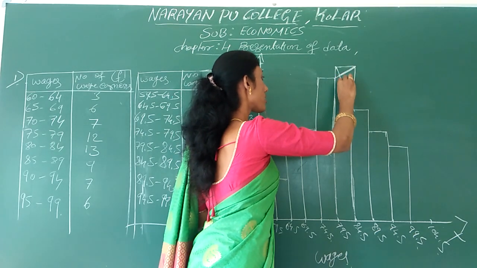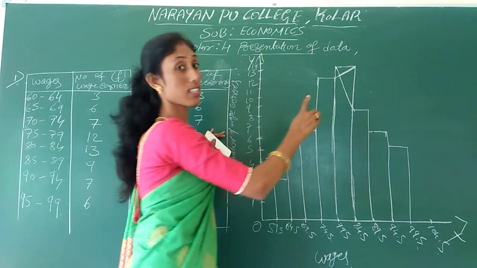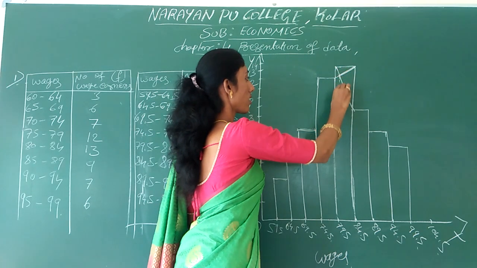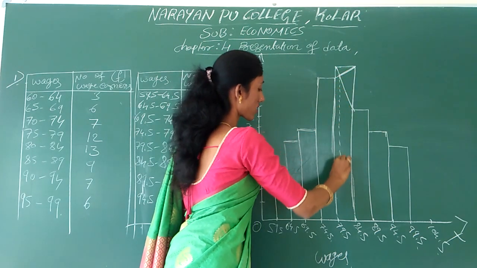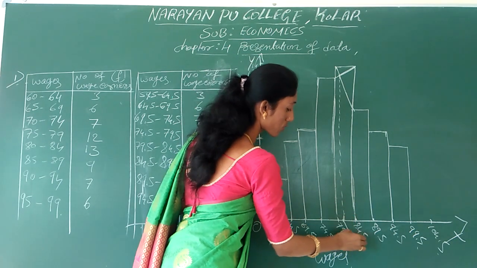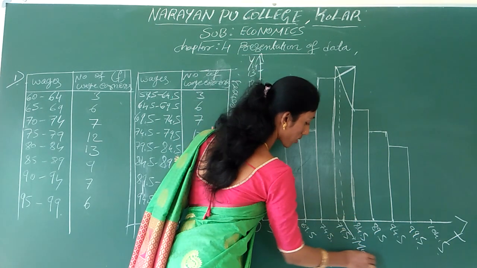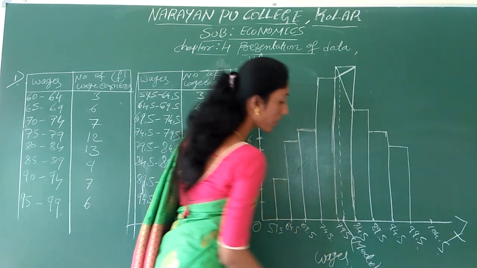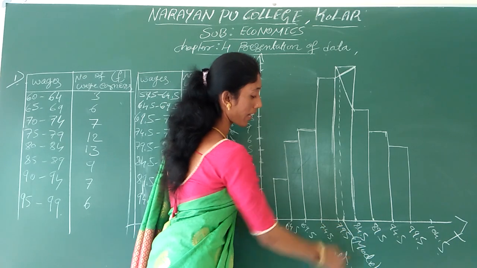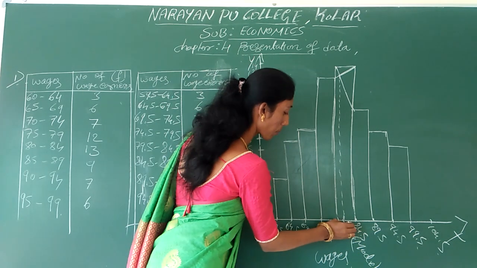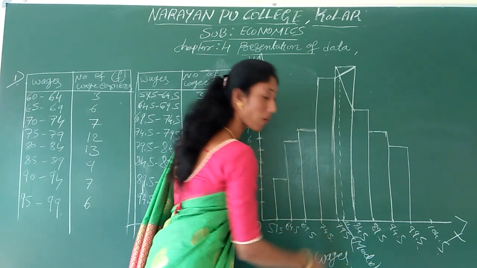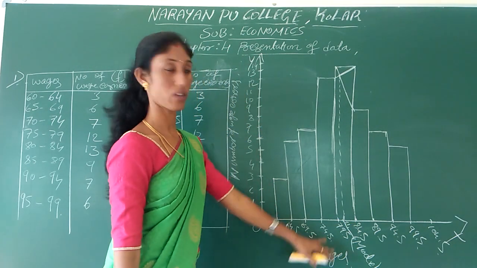And where these two lines intersect each other, we should draw a straight line from there to the axis, and this is the mode. The mode will be between 79.5 and 84.5. Maybe 80 or 81.5 will be the mode. Got it now?